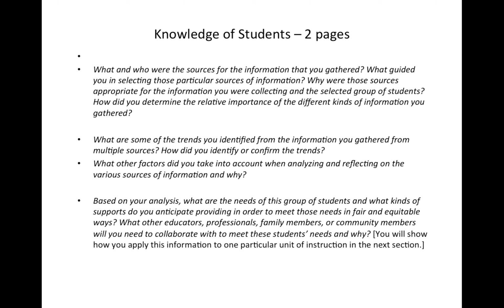This will help you to determine what kind of data you need to collect. What and who were the sources of the information you gathered? Okay? What and who? I will tell you that you're going to have a form that will ask you how you gathered that information. And let me just say again, there are no duplicate questions between the commentary and the forms. There are several questions, particularly in Component 4, that are very close.